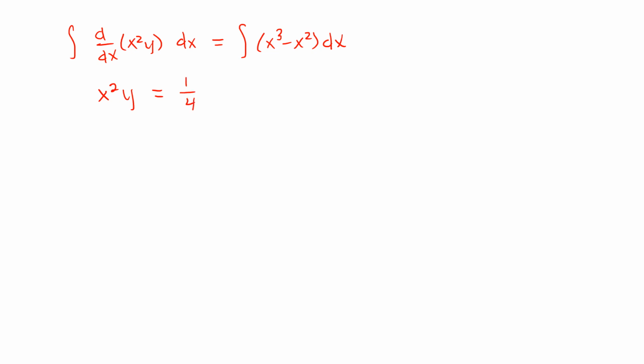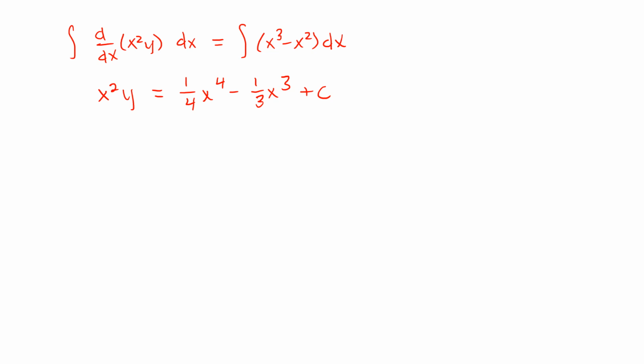So in doing so, we'll get d of x squared y over dx equals the integral of x cubed minus x squared dx. The left side will equal x squared y, and then the right side we will integrate. So we'll get 1/4 x to the 4th minus 1/3 x to the 3rd plus c.